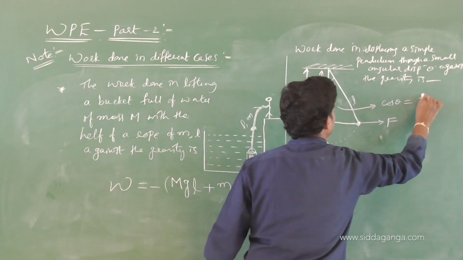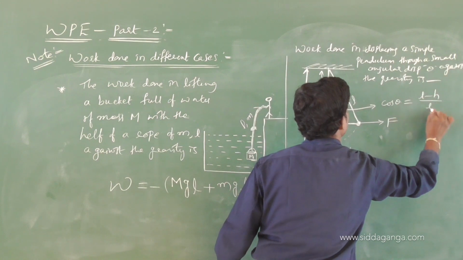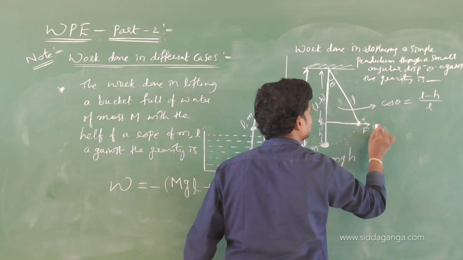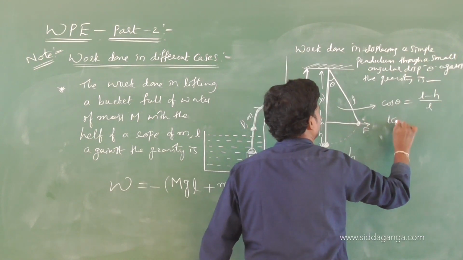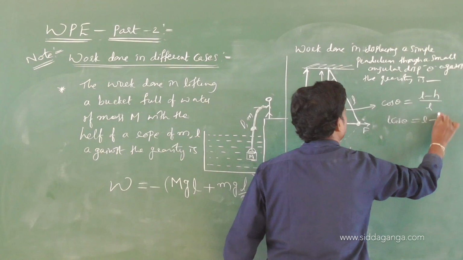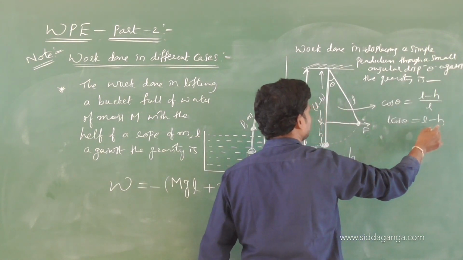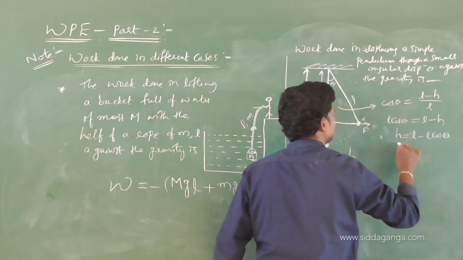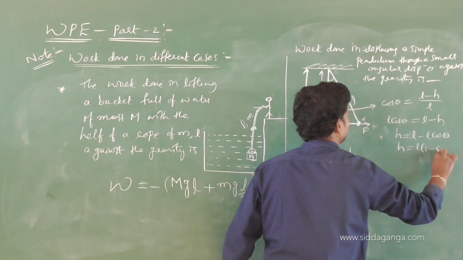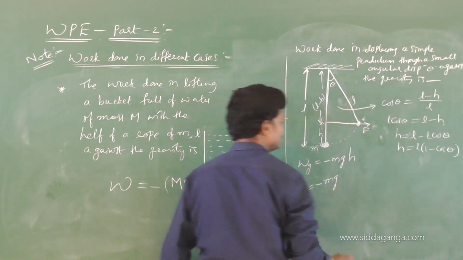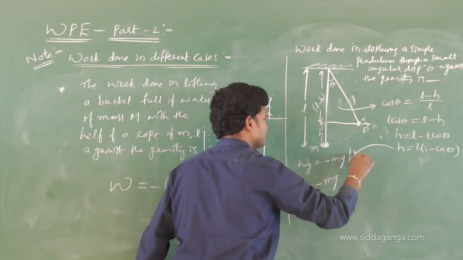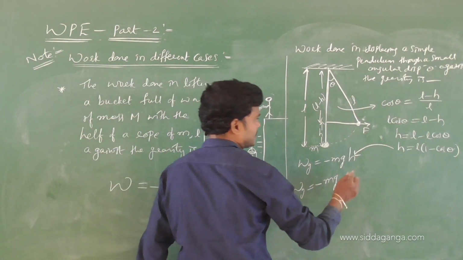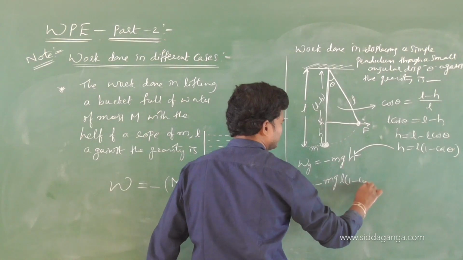Cos theta can be written as L minus H by L. So L cos theta is equal to L minus H. H equals L minus L cos theta, H equals L into 1 minus cos theta. Substitute H here. What is H from the given diagram? H is nothing but L into 1 minus cos theta.